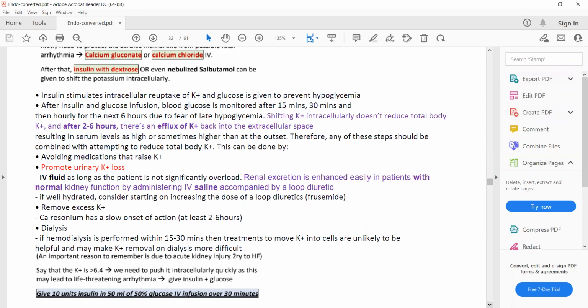The only option we have after giving IV calcium gluconate or calcium chloride is hemodialysis. The other indication for hemodialysis in a hyperkalemic patient is if hyperkalemia is refractory to treatment. Even after all these steps, if the patient's potassium levels are still high, then the last option that we have is hemodialysis.